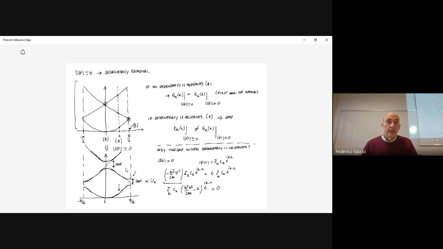Due to the fact that the plane waves are a basis for the wave function space, if this summation is equal to 0, then all the coefficients of this summation have to be equal to 0.